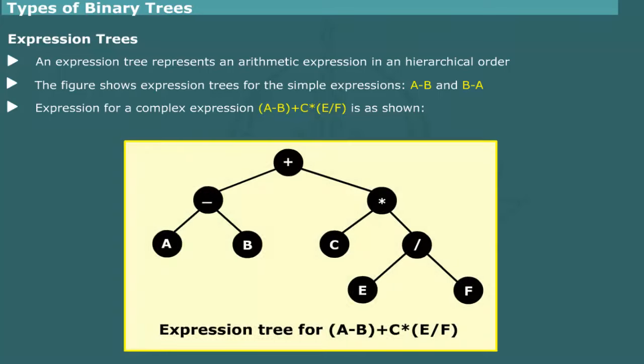The tree for a complex arithmetic expression is shown in the figure. Notice that operands in the expression tree always appear as leaf nodes and operators are contained in the internal nodes or in the root node.